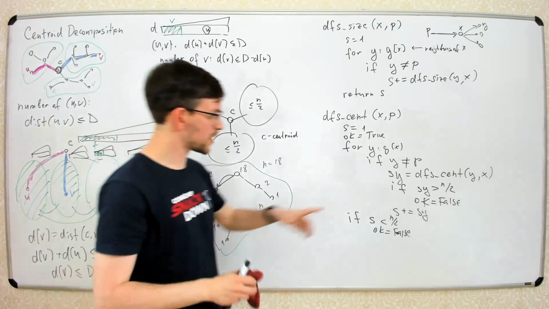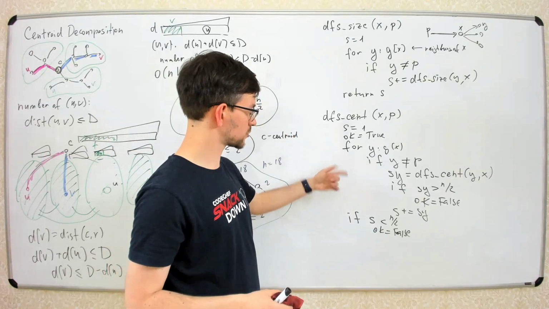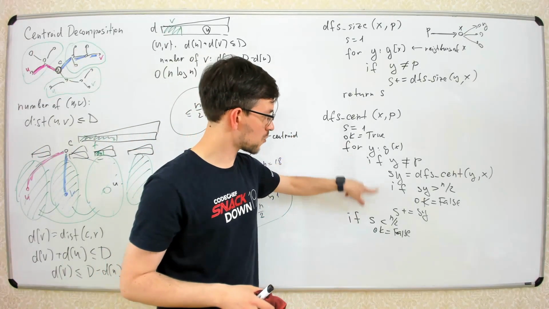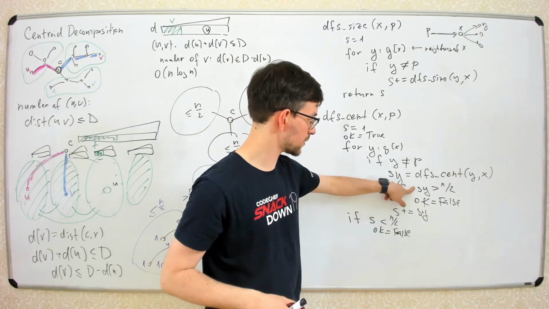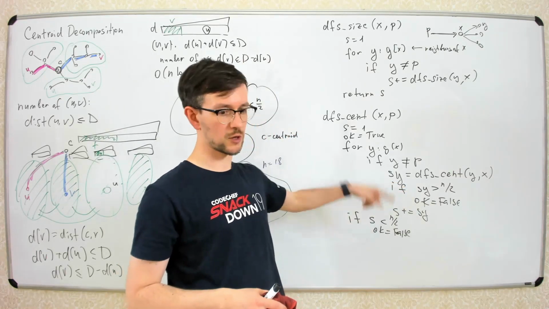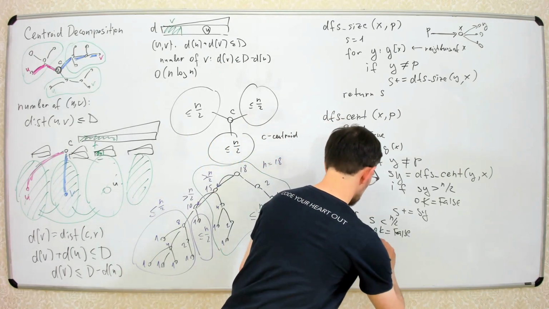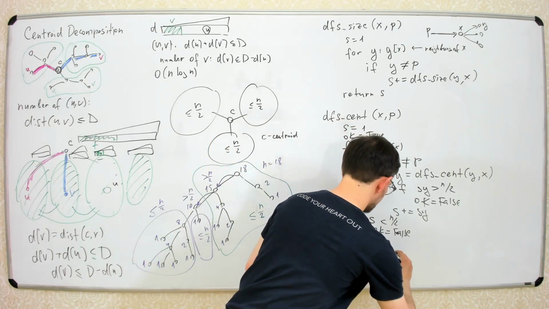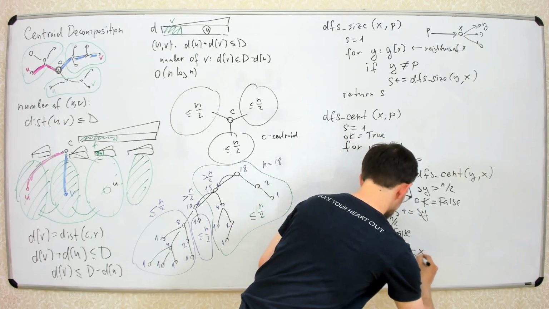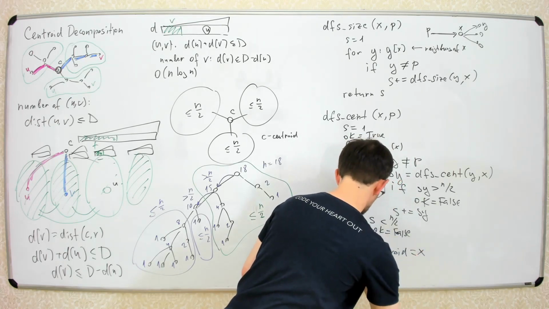Now OK means that my node is the centroid. So my node is a centroid if all my children are less or equal than n over 2 and I am greater or equal than n over 2. That's all. So now if I'm a centroid, then centroid is X. Return this.